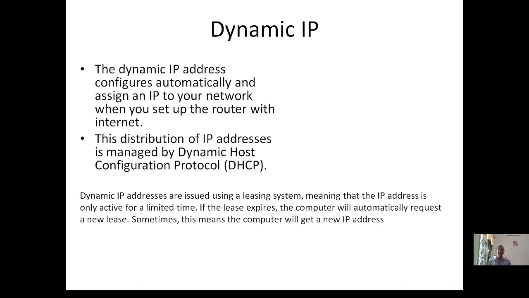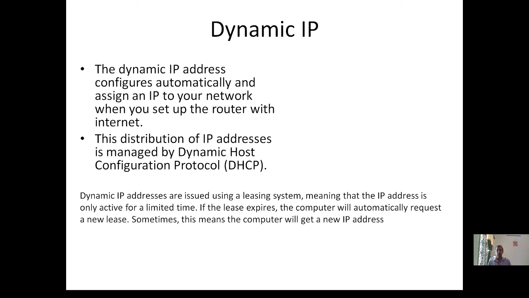Another is the dynamic IP address. A dynamic IP address is configured automatically and assigned to your network when you set up an internet connection. When you connect to the internet, we get an IP address. That IP address is not permanent.